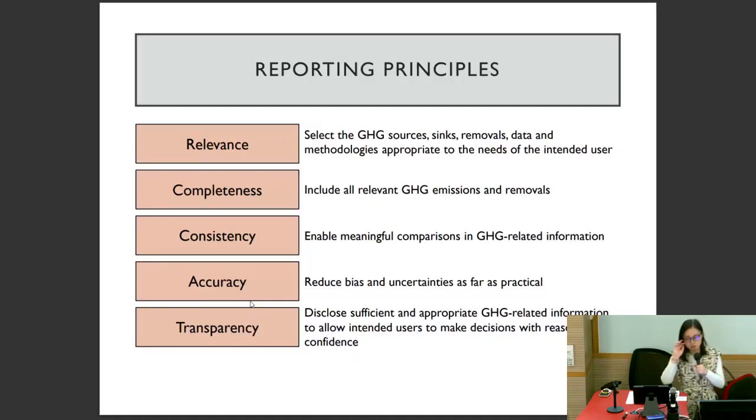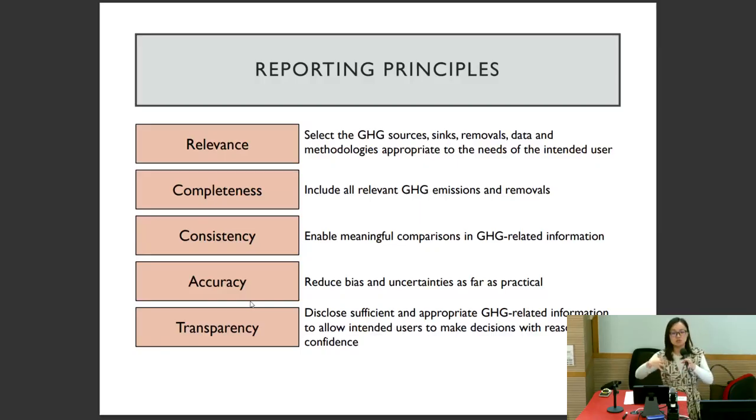Okay, and the reporting principles, the same 5 reporting principles. I think last week, according to the Greenhouse Gas Corporate Protocol, we have already learned these 5 reporting principles: relevance, completeness, consistency, accuracy, and transparency. So relevance: we will select the greenhouse gas sources and sink removals according to the boundary, so within the boundary.